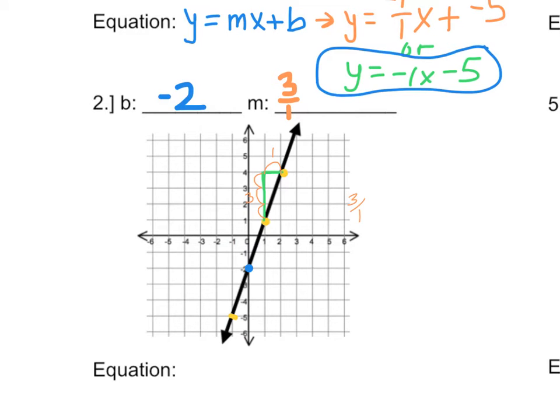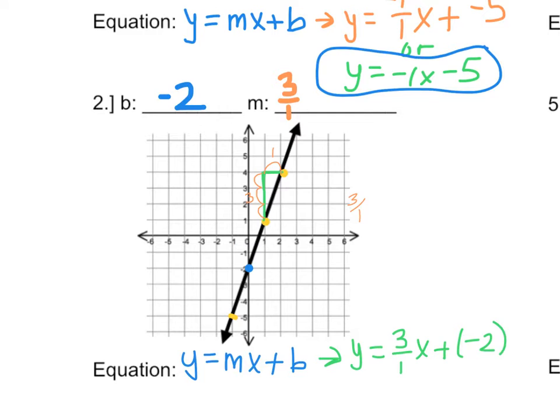Okay, now down below, let's write our equation. So our equation is y equals mx plus b. So that means it's going to become y equals, our m is 3 over 1, x plus a negative 2.